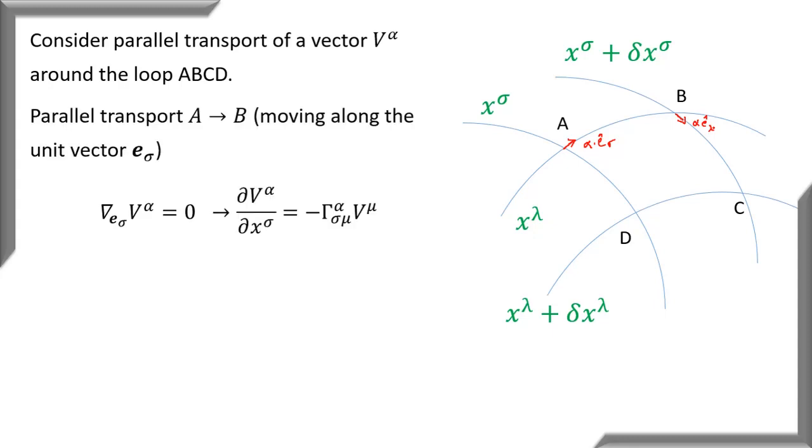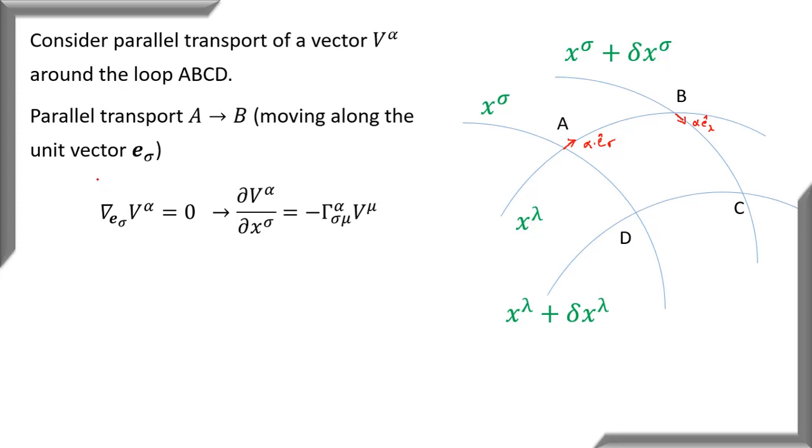Now I parallel transport a vector V alpha from A to B. When I parallel transport it from A to B, I am moving along the unit vector E sigma. So since it is parallel transport, the covariant derivative of the vector V alpha in the direction of E sigma has to be equal to 0. We know the structure of the covariant derivative.